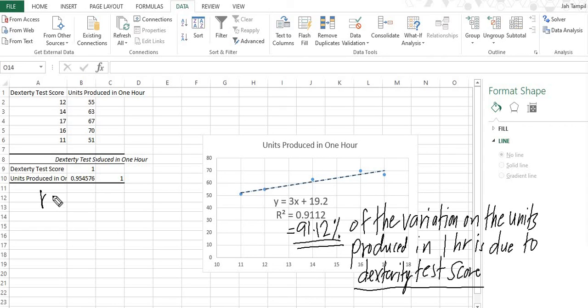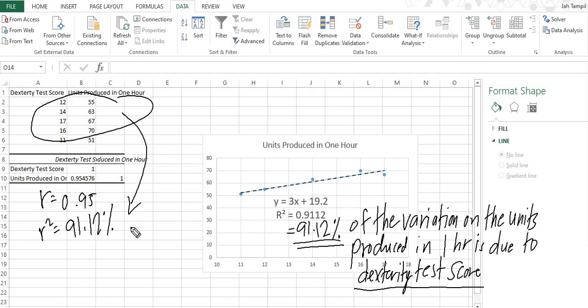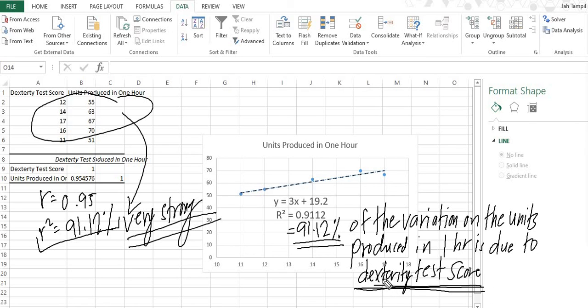So if you have an R value of 0.95 and an R squared value of 91.12%, then based from this, we have a very strong relationship. We have a very strong correlation. It is positive based on its direction, and the coefficient of determination says that the variation between the data points here, or the reason why there is variation or differences among the scores, is because of the dexterity score.